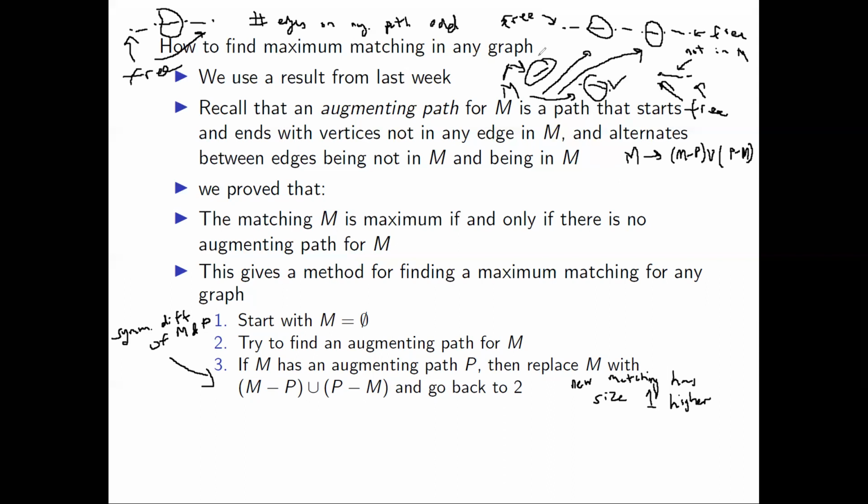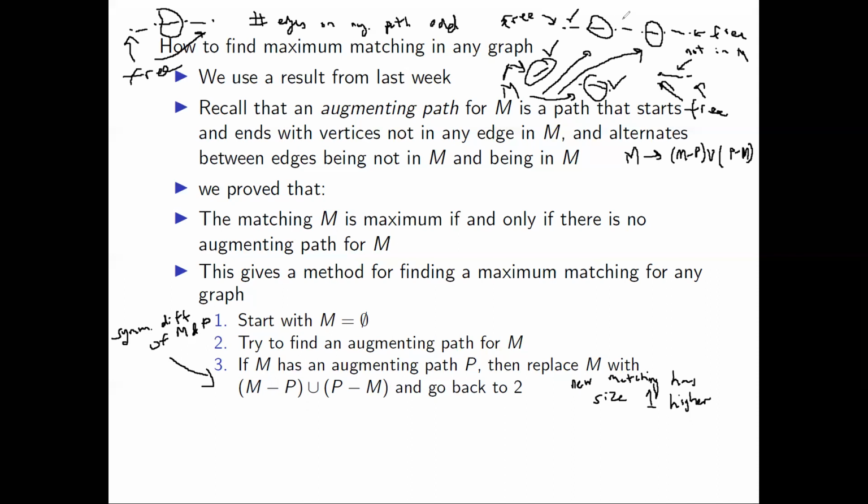So we still get these. And then on the augmenting path, we're switching out the edges in M on the augmenting path for the edges not in M. And as we just noted before, there's an odd number of edges. And we start with edges not in M, and we finish with edges not in M on the augmenting path. So there's going to be one more edge not in M than there is in M on the augmenting path.